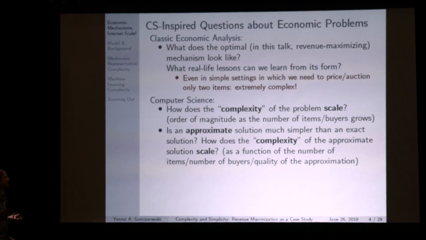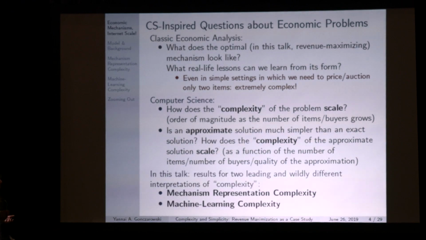How does the complexity of the approximate solution scale? Once again, as a function of the number of items, the number of buyers, and the quality of the approximation also. And in this talk, I'm going to talk about results for two leading and wildly different interpretations of the word complexity in these questions: mechanism representation complexity and machine learning complexity.